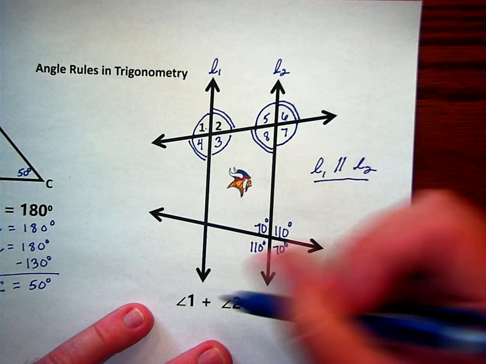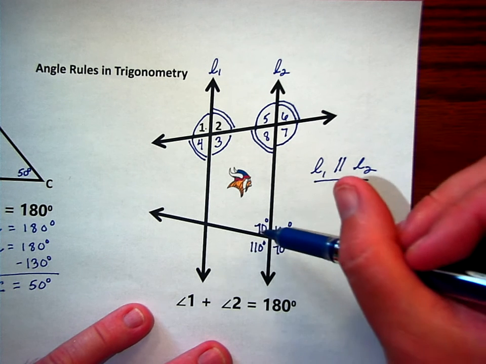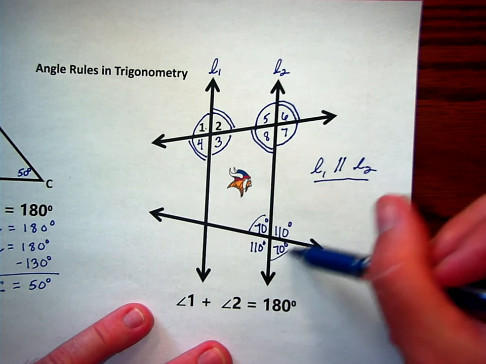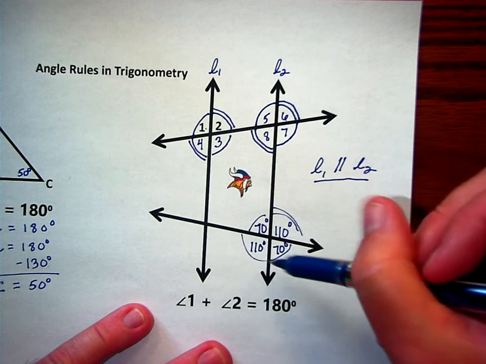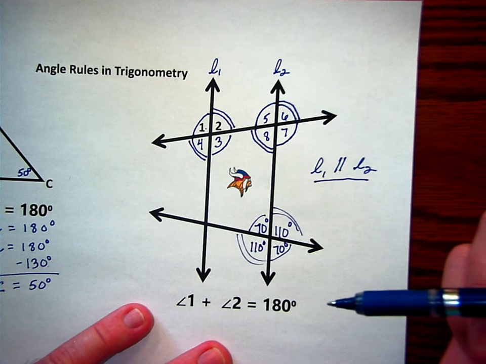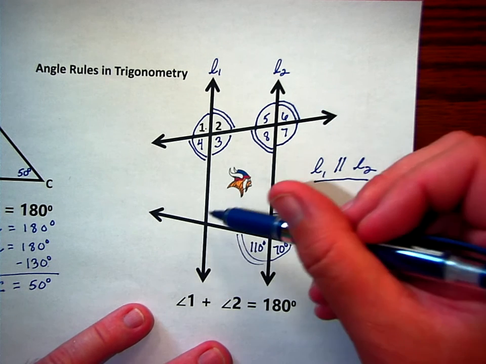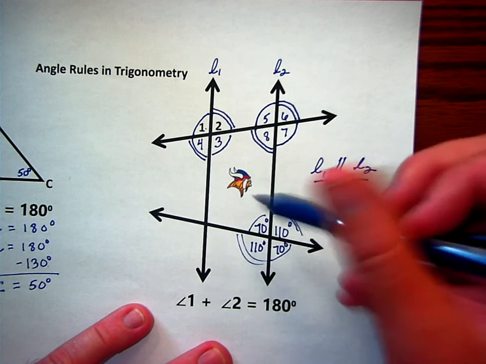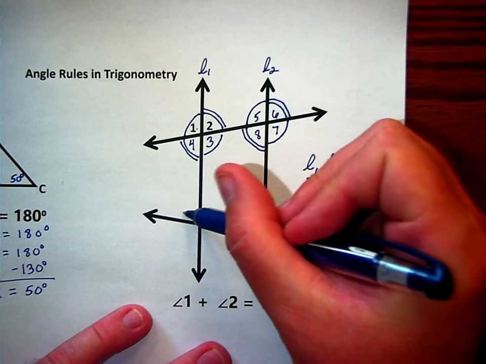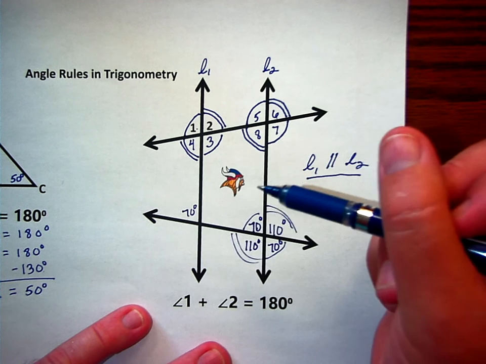So that's all involving these. We also know that this is congruent to this because they're vertical angles, and this is congruent to this because they are vertical angles. Now we also have this cluster over here with the lines being parallel, with that being 70, this is 70 degrees.